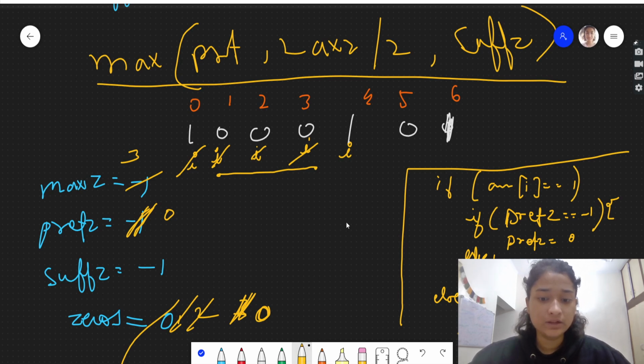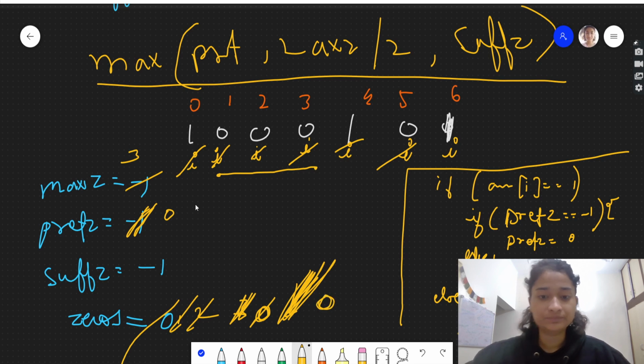Again, we will traverse. So we'll get again 0. This will increment. And again, we get 1. And the prefix value is not -1, so we will not go in this if, we'll go in else. Max zeros will update with the zeros value if it is greater, but here we have 3 and this is 1, so we will not update it. And zeros we will again make it 0.